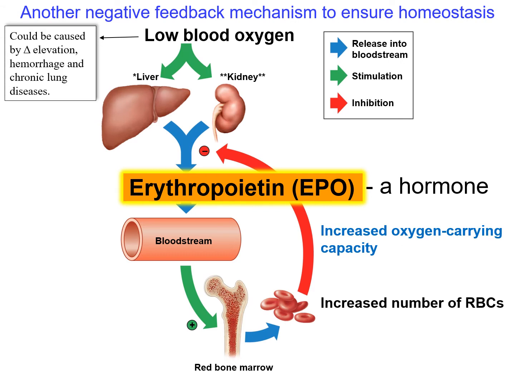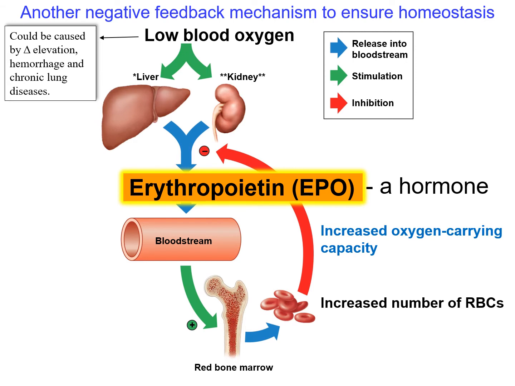And the double asterisk here in kidney simply is indicating that the kidney plays perhaps a little more important role even than the liver in detecting that drop in blood oxygen levels. But in either case, these two organs will detect that drop in blood oxygen, and they will produce a hormone called erythropoietin, or EPO for short. That EPO is released from these two organs. It gets put into the bloodstream.